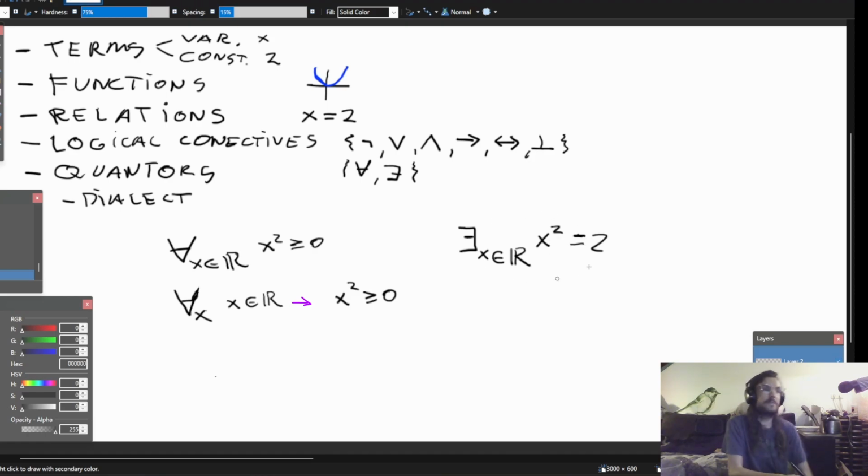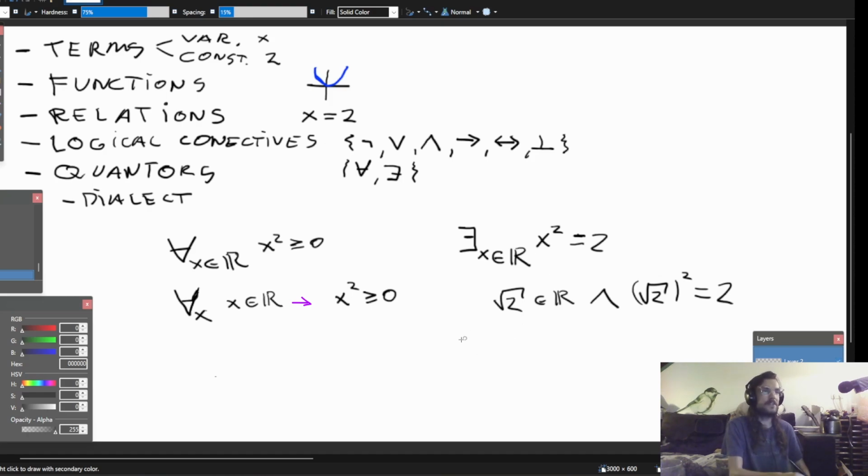Now this statement of course is true, and for the there exists statement you only have to show one example, namely the square root of 2 is an element of R. So the square root of 2 is an element of R, and the square root of 2 squared is of course 2. So here we've given our example, and our there exists statement is true.